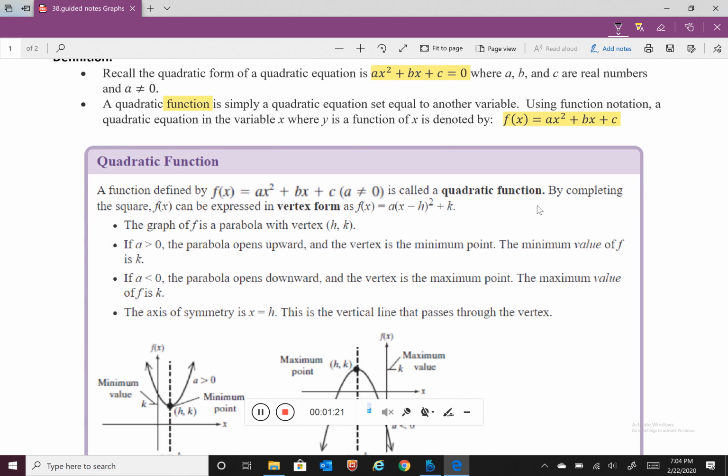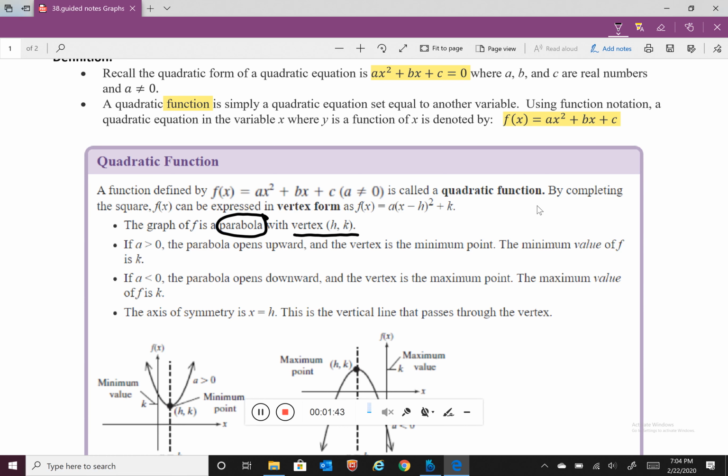So we've talked about this before, that the graph of a quadratic function is called a parabola. And every parabola has a vertex of the point h, k. So the h value is the x-coordinate, the k value is the y-coordinate.